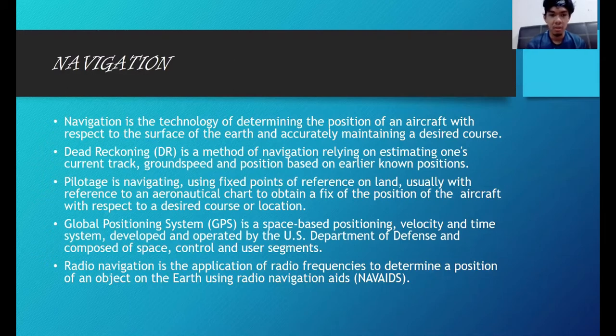These are the three segments of the GPS system. Basically, the GPS connects with the satellites to get the current aircraft location, speed, and altitude.